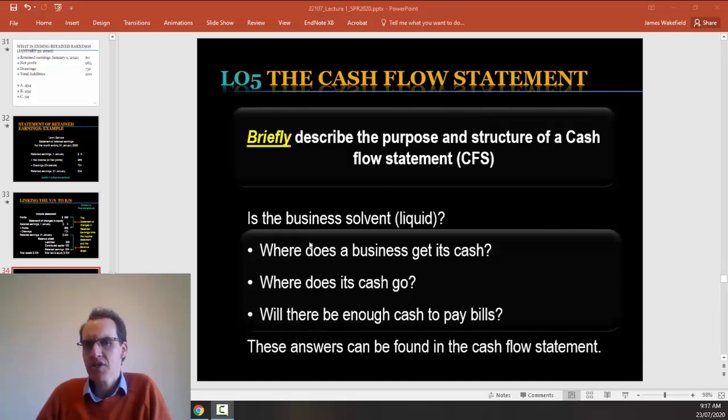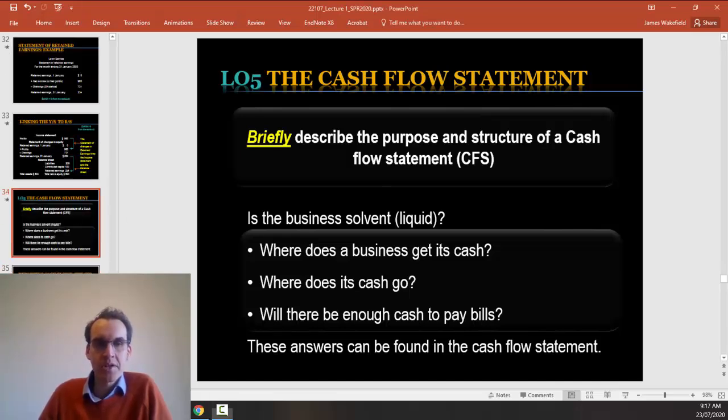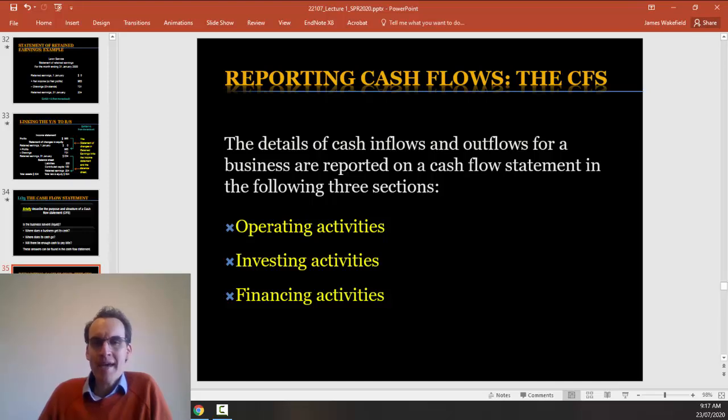So as part of the cash flow statement, we look at where a business gets its cash, where it goes, and therefore what it's left with, and whether or not we have any concerns relating to the cash position of an organization. Okay, so there are 3 main sections that we look at in a cash flow statement.